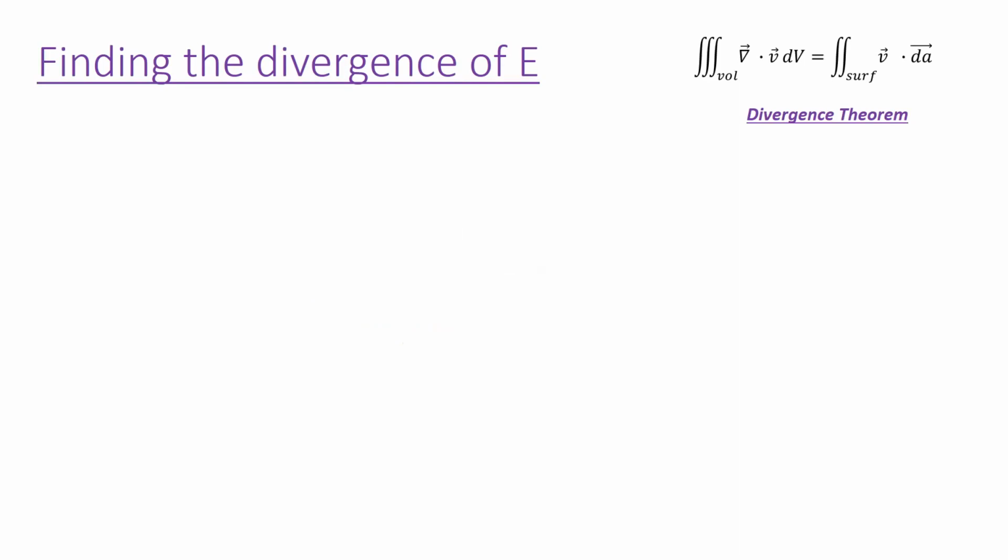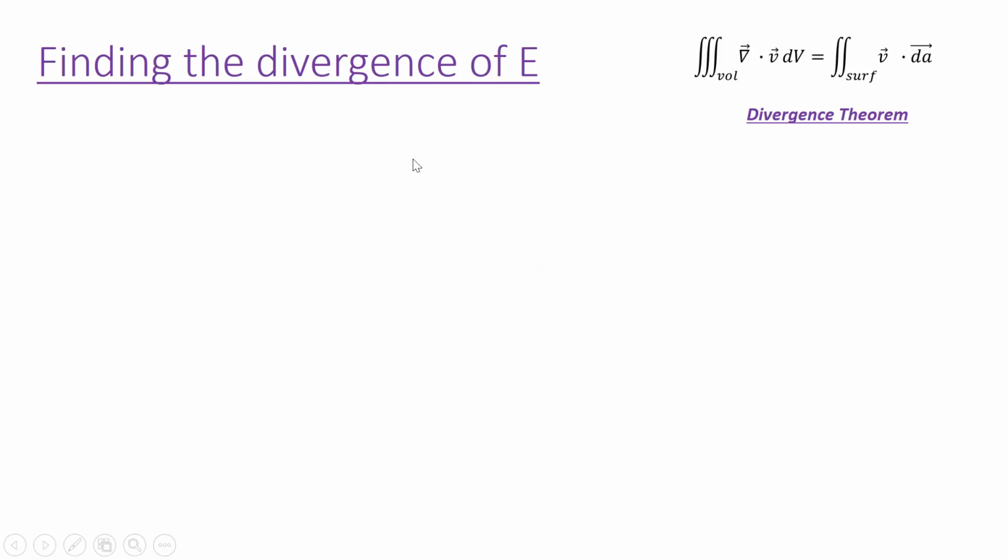Just to remind you, the divergence theorem says that the integral over a volume of the divergence of a vector field is equal to the integral over the surface of the vector field dotted with the surface normal. So the volume integral of the divergence is equal to the surface integral of the vector field.